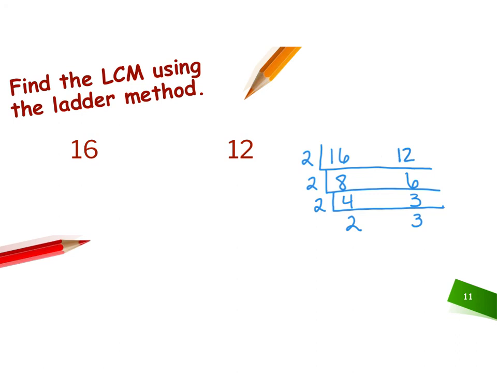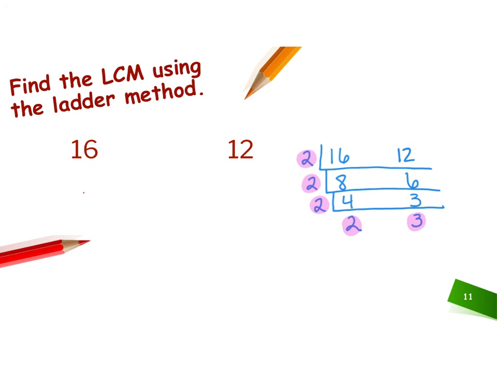Now I'm only left with prime numbers outside of my ladder steps, so I can highlight all of the numbers on the outside. They form a giant L, and we can rewrite them and multiply them together to find our LCM.